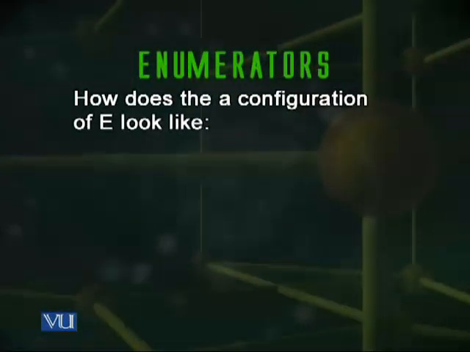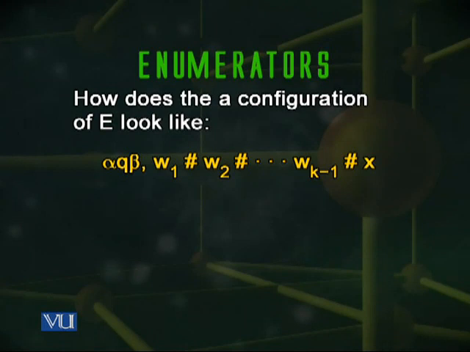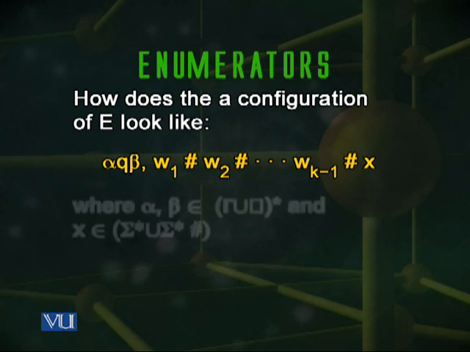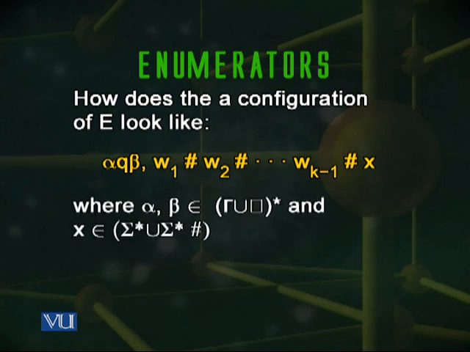So a configuration of an enumerator would be of the form alpha, q, beta, comma, w1, hash sign, w2, hash sign, all the way up to wk, hash sign, followed by an x. Here, alpha and beta are strings over gamma star, whereas x is a string over sigma star, union sigma star followed by a hash.